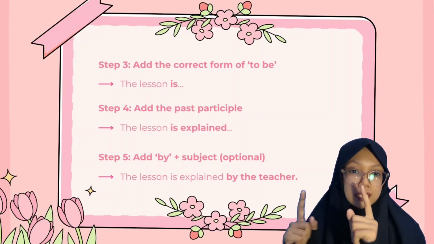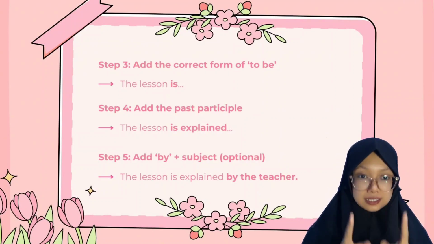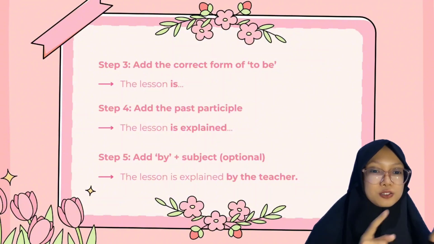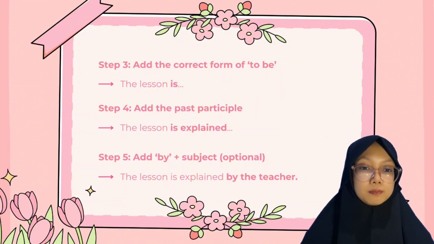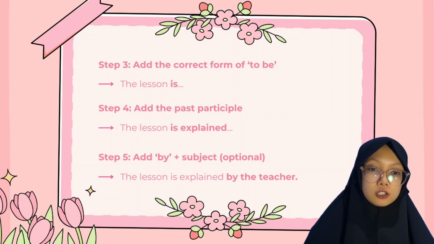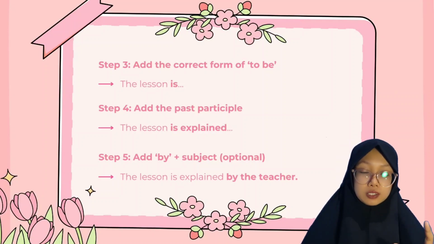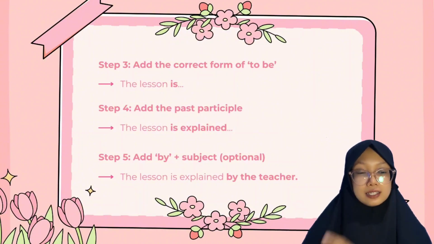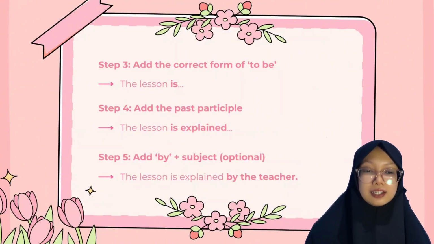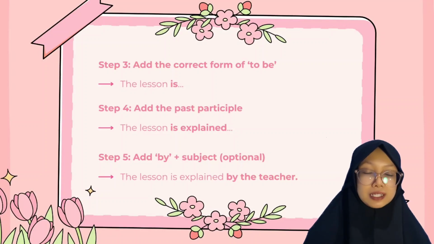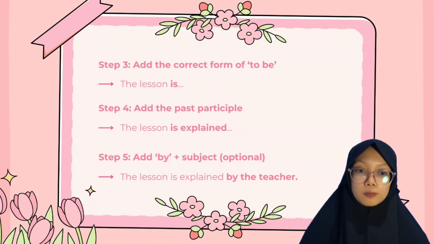So the lesson is, the is to be for the lesson. Okay, and then step 4, we add the past participle. The lesson is explained, not explains but explained.